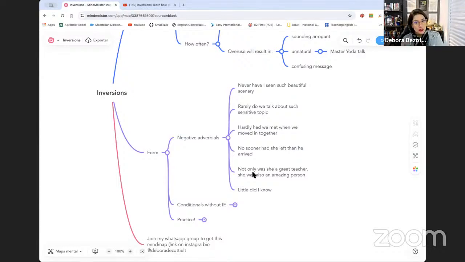You may use them or you may not. But most commonly, if you start a sentence with a negative adverbial, you will need the inversion after, okay? However, with "not only," it's okay to keep the regular order: "Not only she was a great teacher, she was also an amazing person."